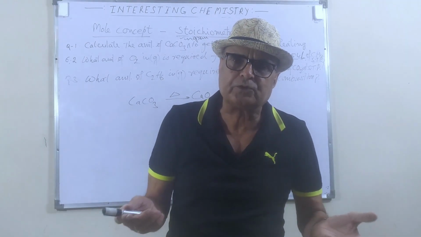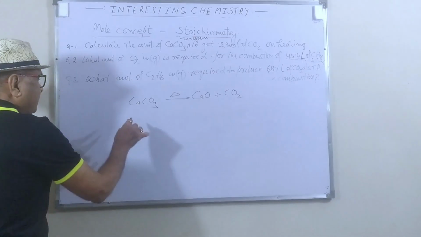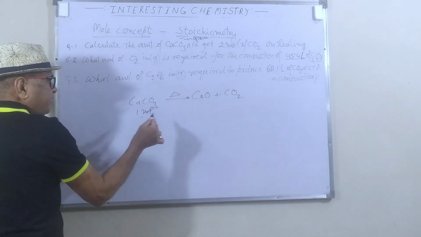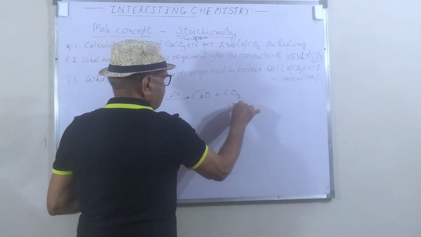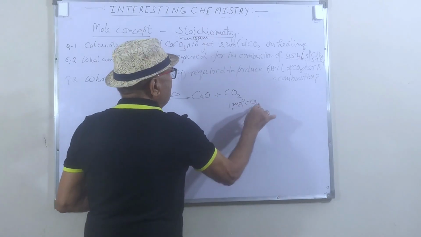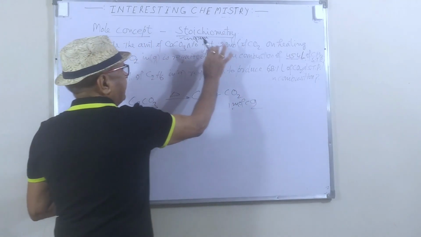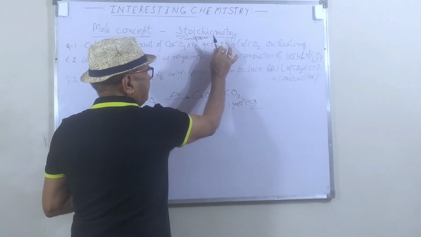It decomposes into calcium oxide and carbon dioxide. So from this equation, 1 mole of calcium carbonate on decomposition gives us 1 mole of CO2. Here you want only 0.2 mole. 1 mole is produced, and you want 0.2 mole.